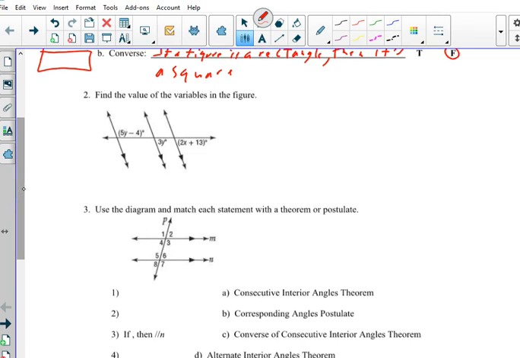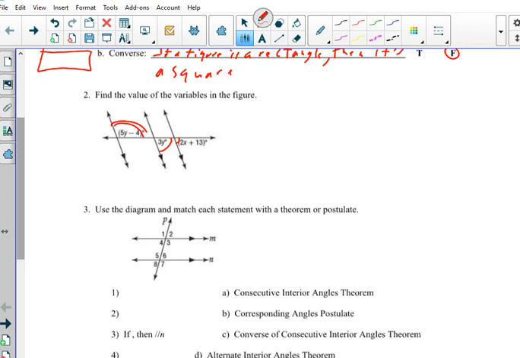Okay, find the value of the variables in the figure. Well, remember, before we start setting everything equal to each other or adding them up equal to 180, let's think about it. This one and this one are both acute angles. This one here is an obtuse angle.